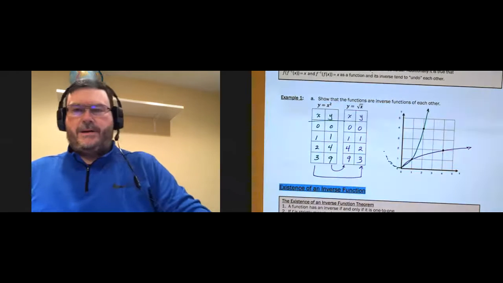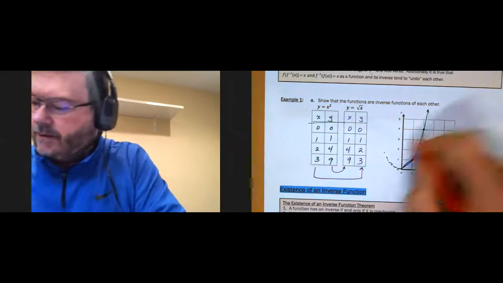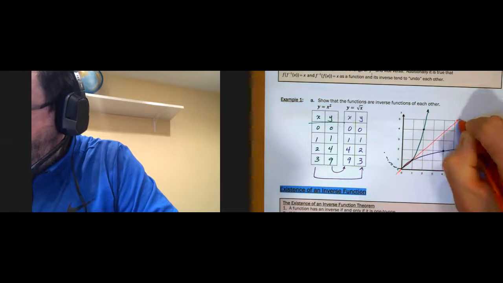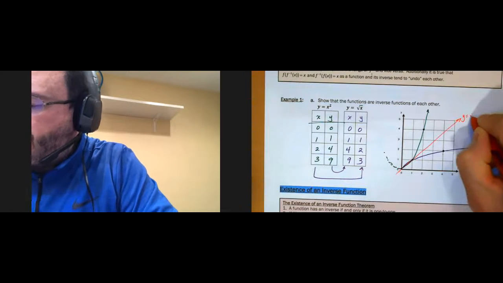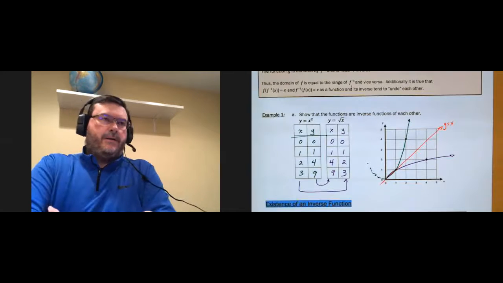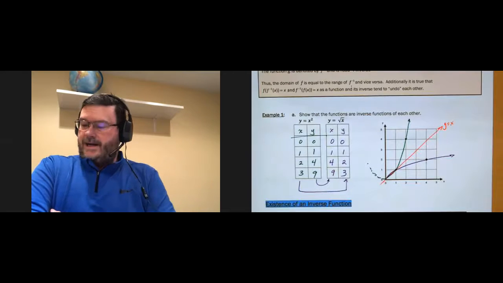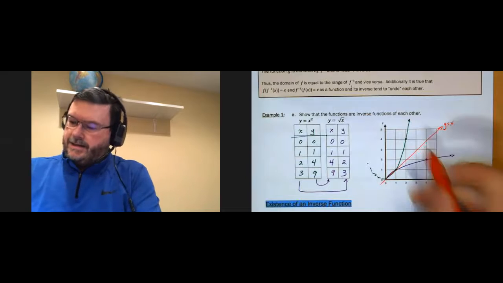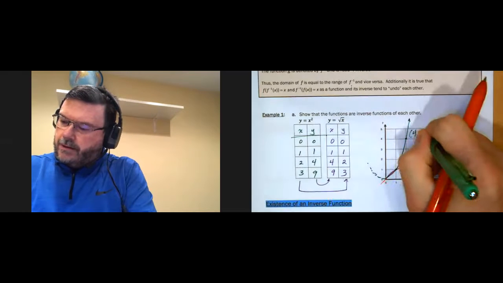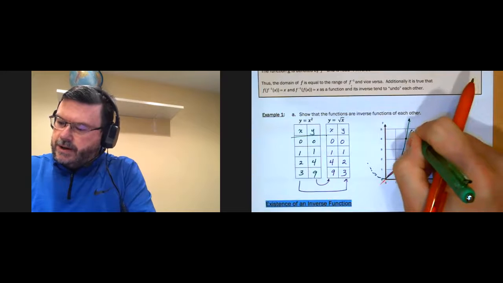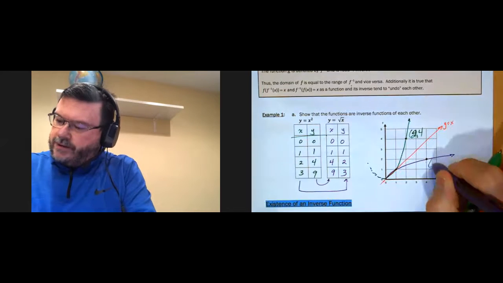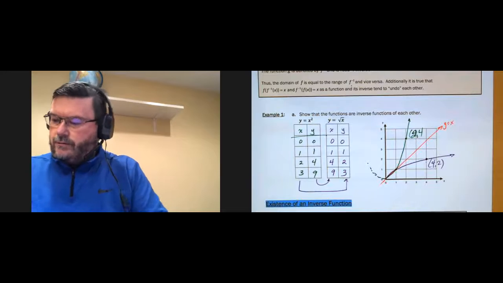And then what happens is, because it is equal to x, the graphs are symmetric and reflected over the line y equals x. So anything that is on a coordinate of here, 2 comma 4, then is going to be the reverse of this, 4 comma 2.